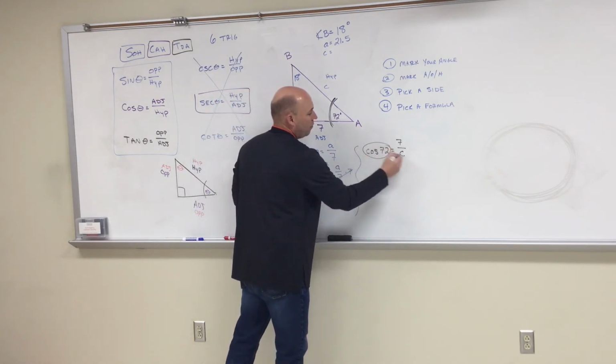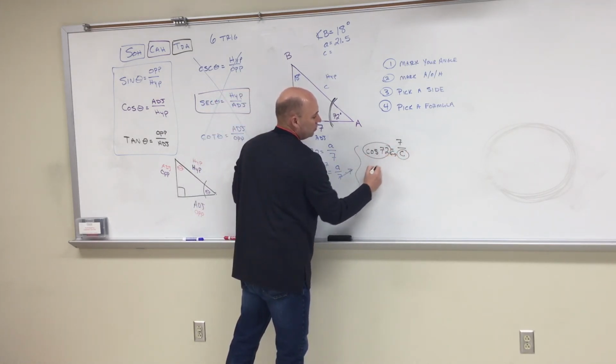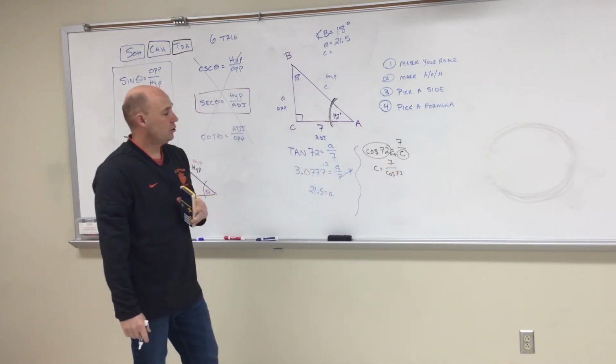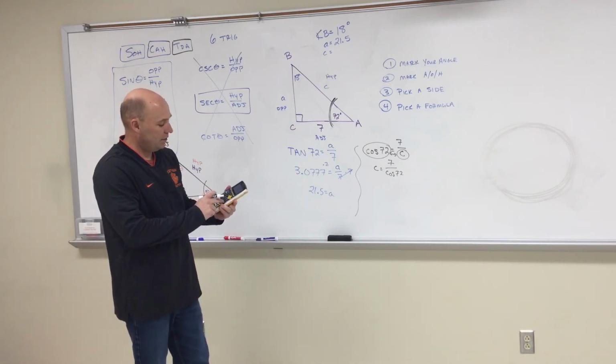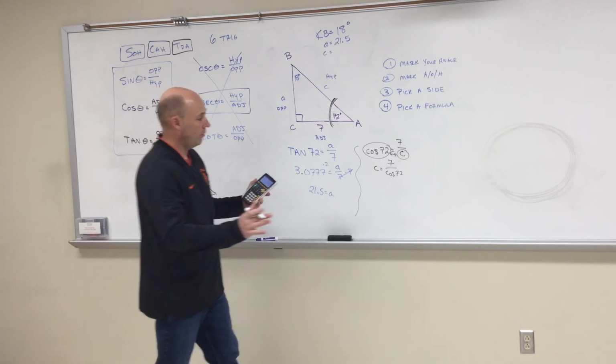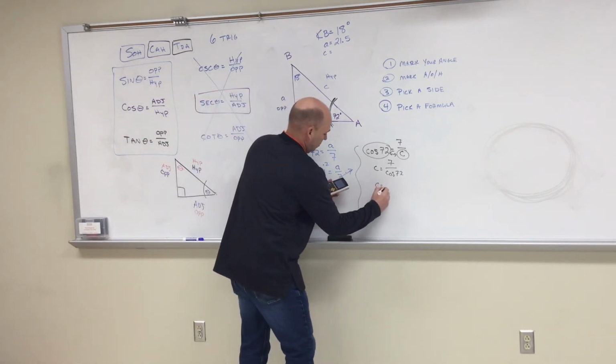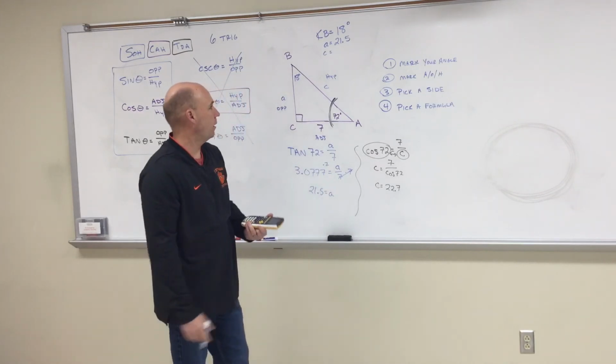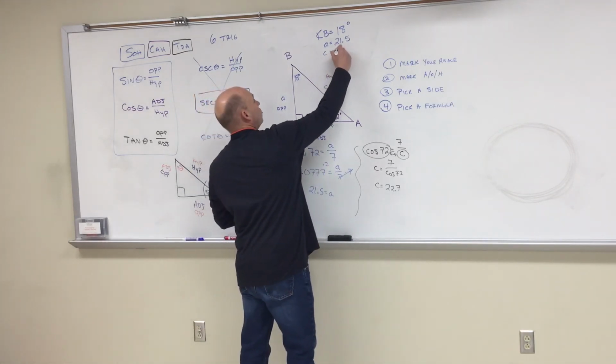If the letter is ever on the bottom, you can just switch these two. So now in your calculator, you're going to do 7 divided by the cosine of 72. You can punch that on your calculator at once. And I got my value C to be 22.7. Again, I'm rounding.